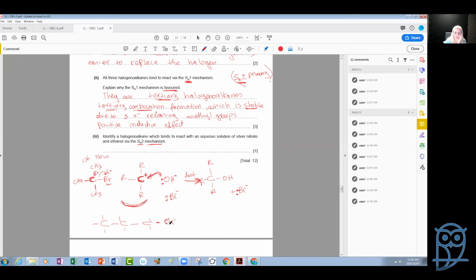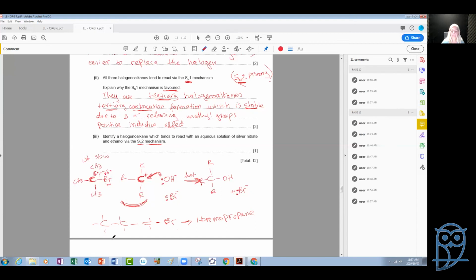One with 3 carbons, 1-bromopropane. That would be 1-bromopropane. That would be an example of a halogenoalkane which is a primary one, and this will undergo this type of substitution reaction. Okay. So there we are.